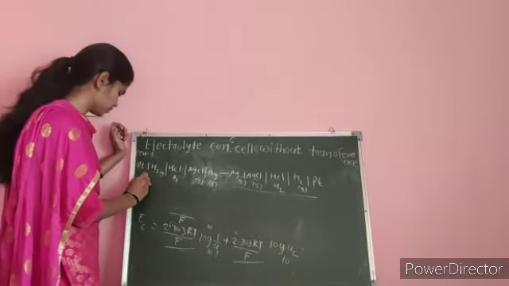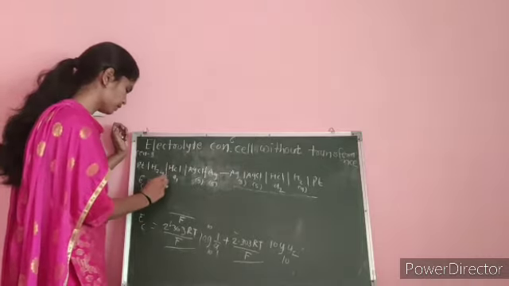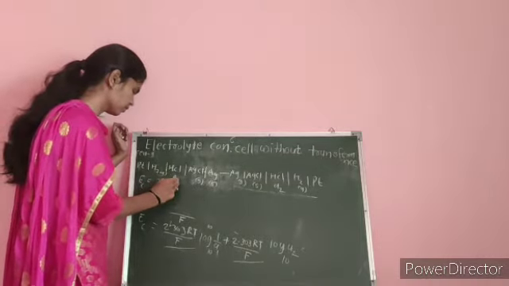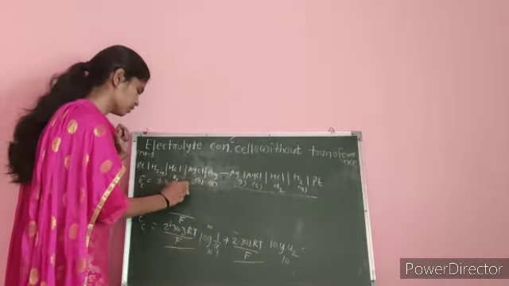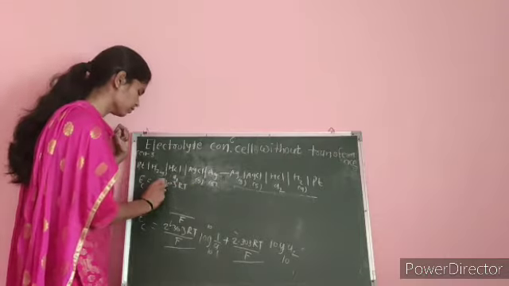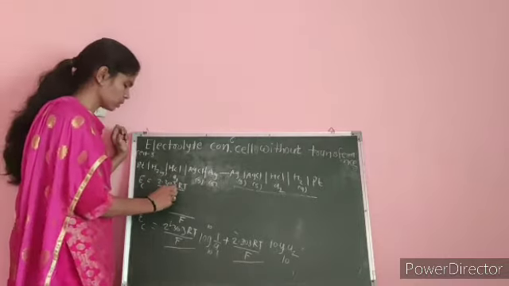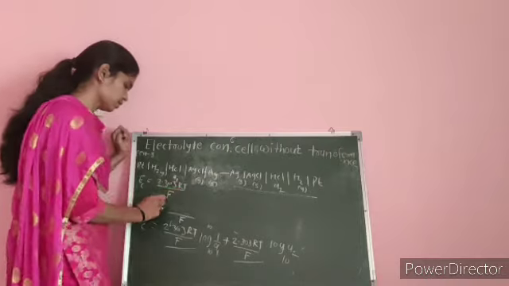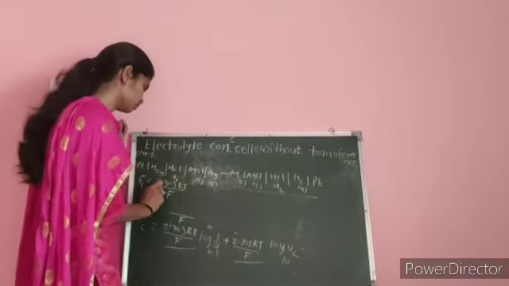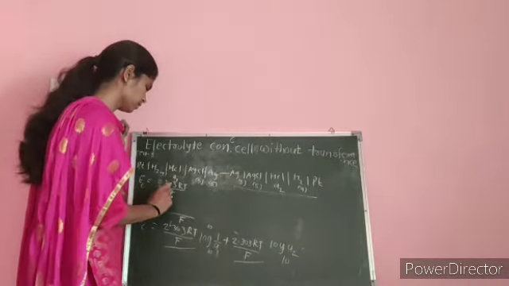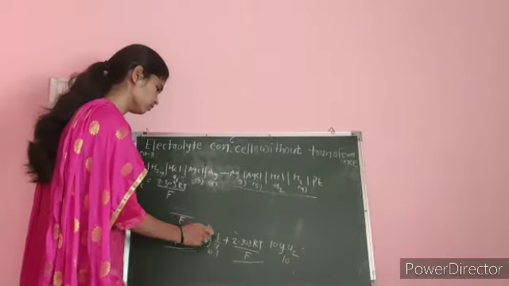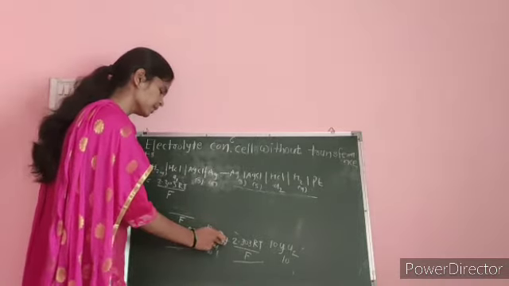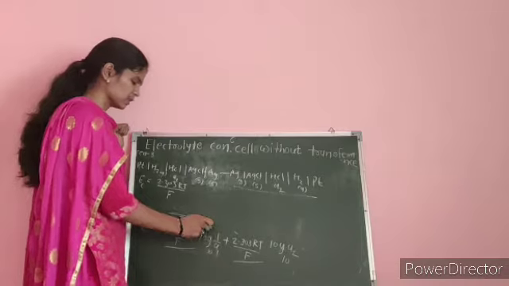E cell is equal to 2.303 RT/F, sorry F only because n is equal to 1, F will be outside the bracket, in bracket, combining the value of log of plus sign becomes multiplication.